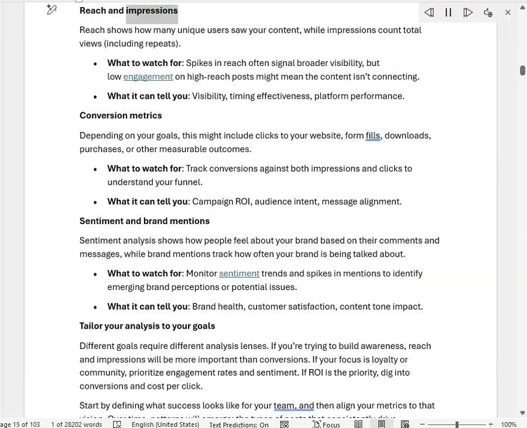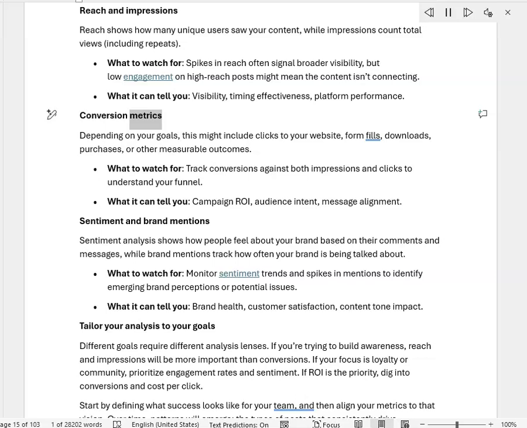Reach and impressions. Reach shows how many unique users saw your content, while impressions count total views, including repeats. What to watch for: spikes in reach often signal broader visibility, but low engagement on high-reach posts might mean the content isn't connecting. What it can tell you: visibility, timing effectiveness, platform performance.